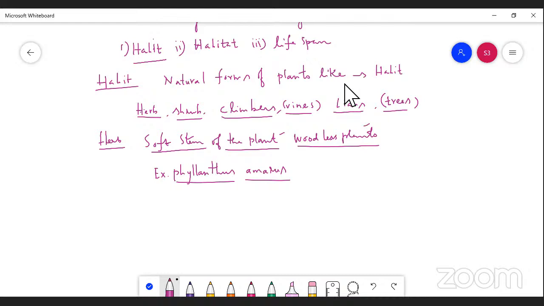There is no hard wood in these plants. Herbs are small in height. For example, Phyllanthus amarus.